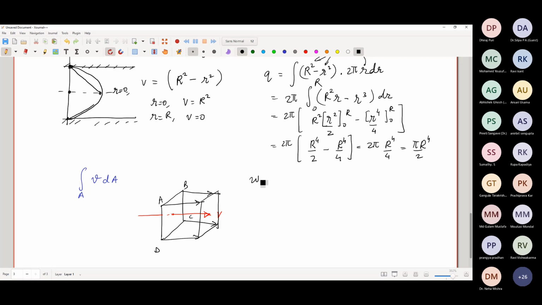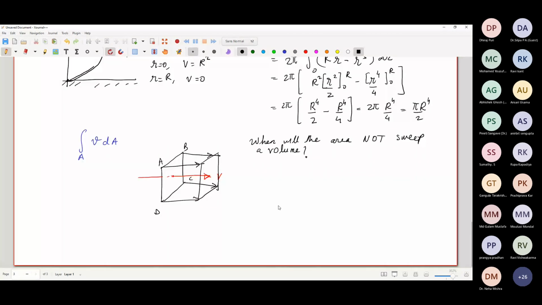When will the area not sweep a volume? Anyone? When it is perpendicular. All right. So that is the correct answer.